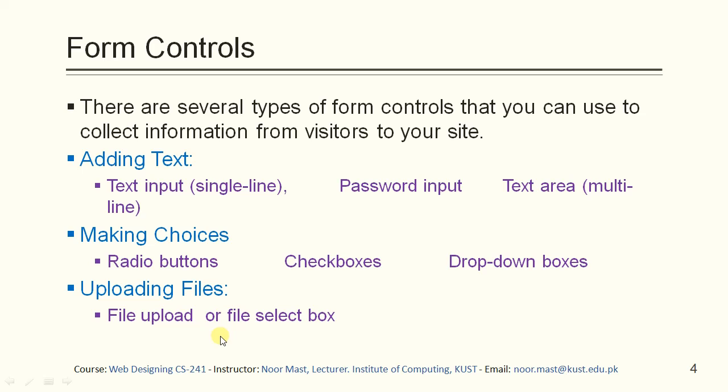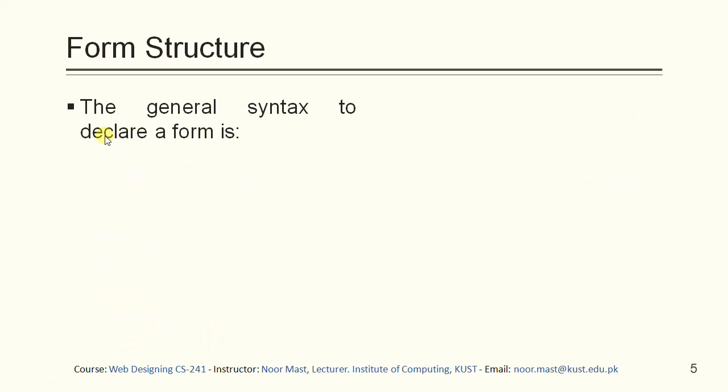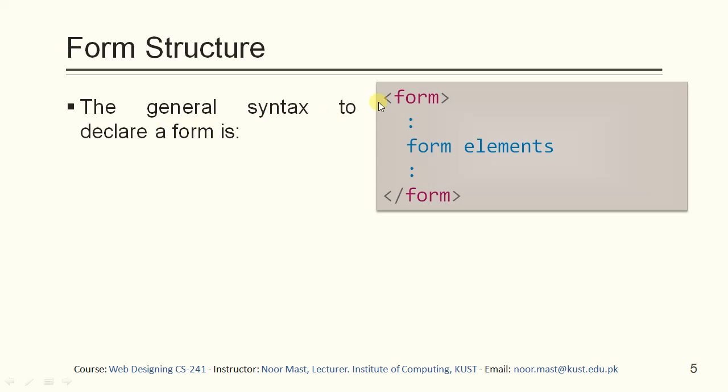But before studying these controls in detail, let's study form structure. To define the structure of a form within an HTML page, its general syntax is: this is the opening tag, while this one is the closing tag of the form element.